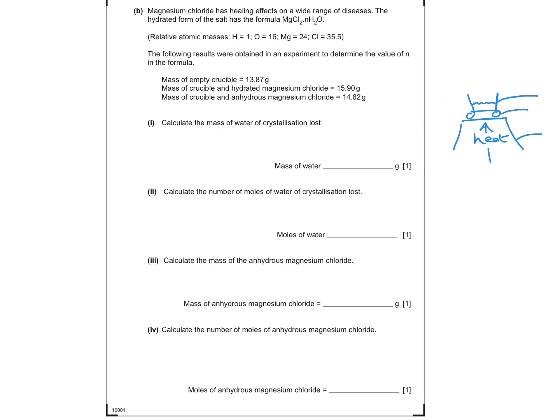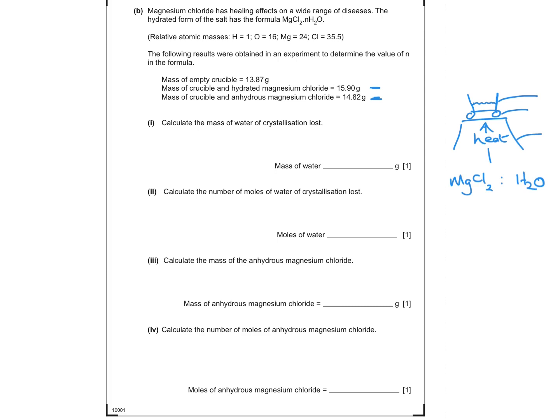So what we're trying to do is work out the ratio of the anhydrous salt to the water. So the moles of the anhydrous salt to the moles of the water. Okay, part 1, the mass of water that's lost. And if you look at the results, here we've got the crucible and the hydrated magnesium chloride. So that contains water of crystallization. And this result is the crucible and the anhydrous salt.